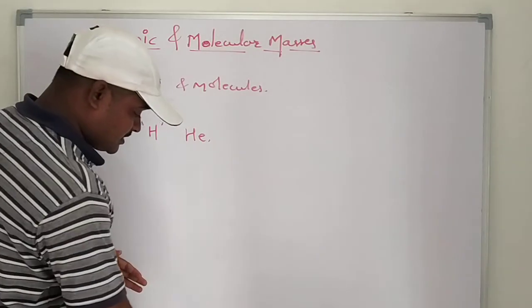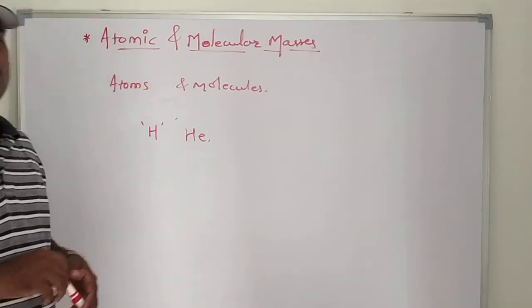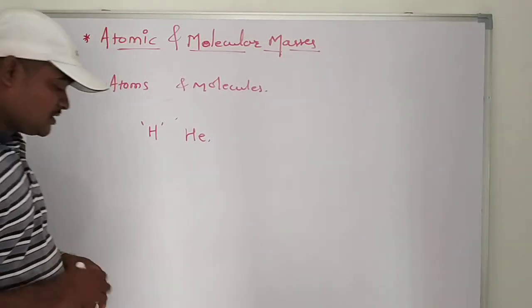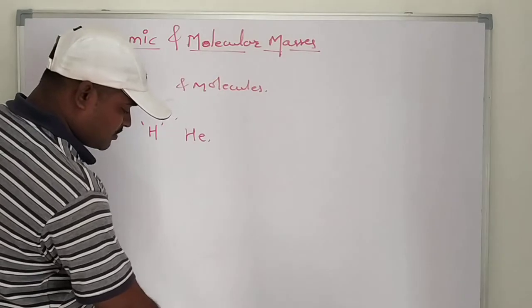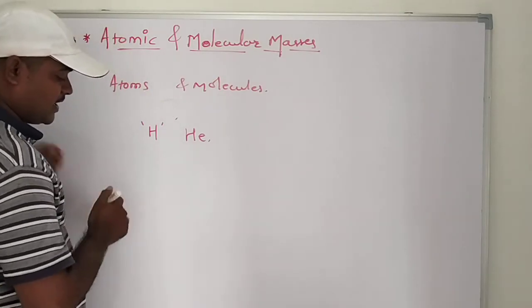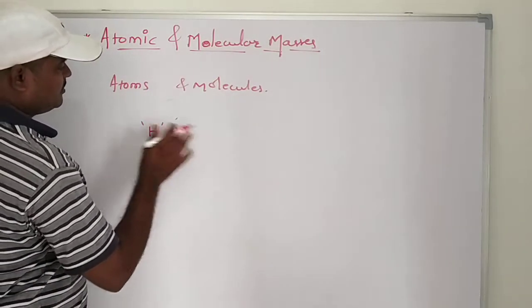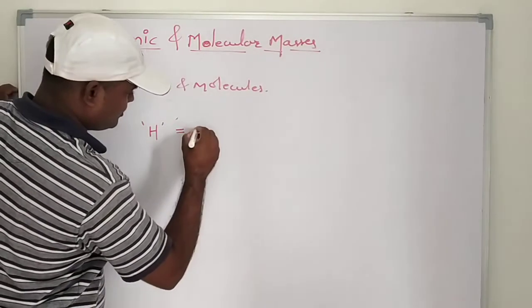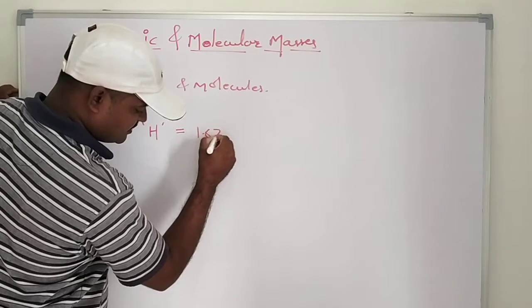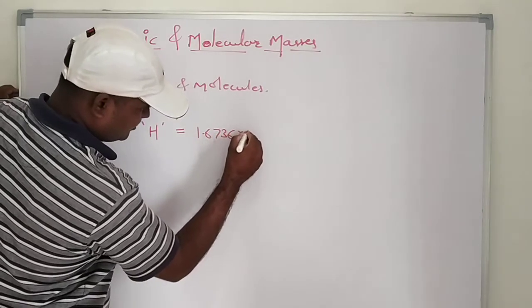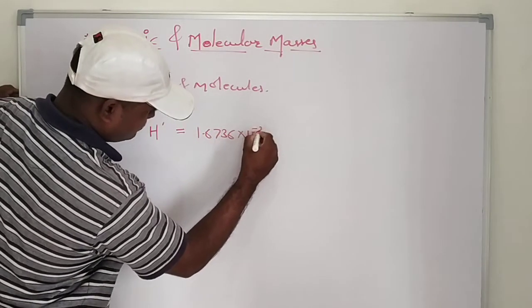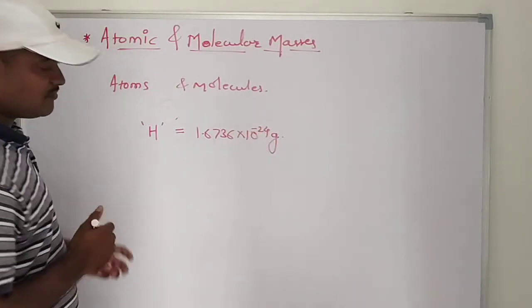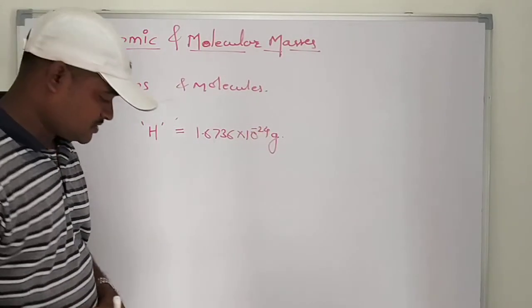Now students, if we go for the calculation of the atomic weight, then it is actually very small. For example, the mass of one hydrogen atom is nothing but 1.6736 multiplied by 10 raised to minus 24 gram. Students, this is the mass of one hydrogen atom.